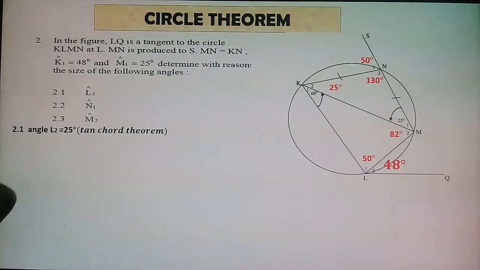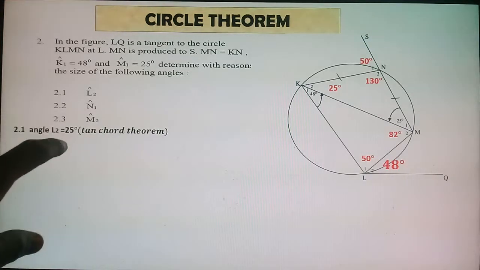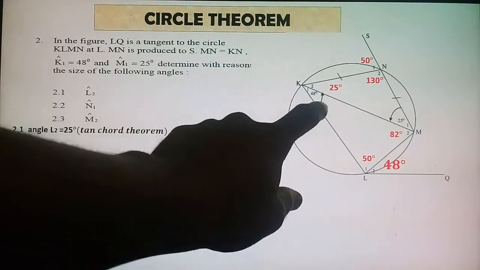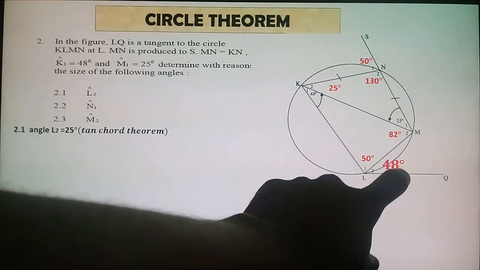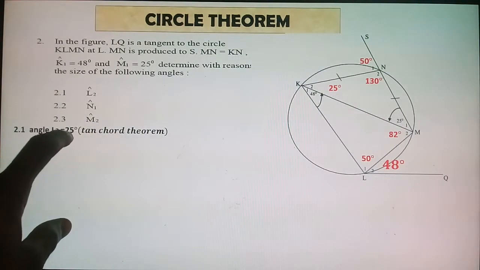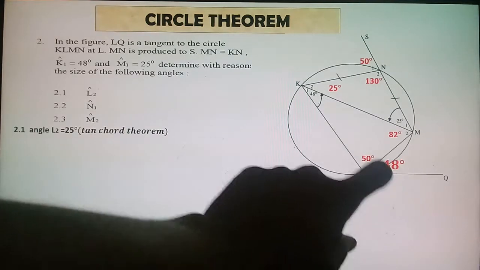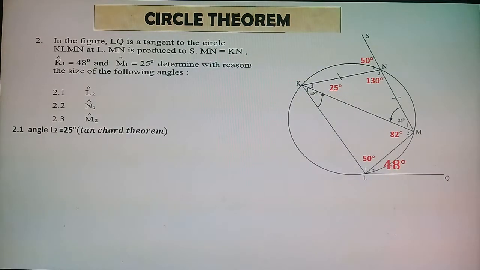L2 should be that 48 degrees, because it equals that one. Very big mistake there. It should be 48. It means our L2 equals 48 degrees. Wow, how nice is mathematics.